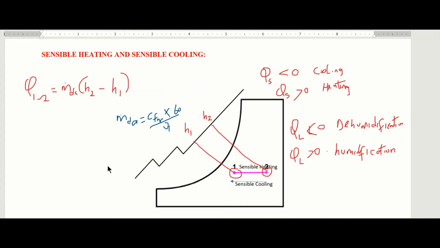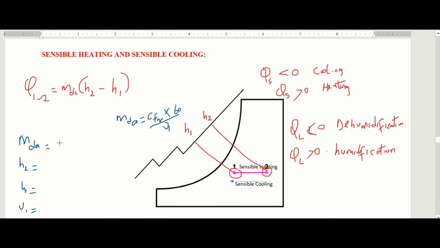As a point of reference, m dot dA is the mass flow rate of dry air, H2 is the enthalpy at the exit, H1 is the enthalpy at the inlet, and V1 is the specific volume at state 1.